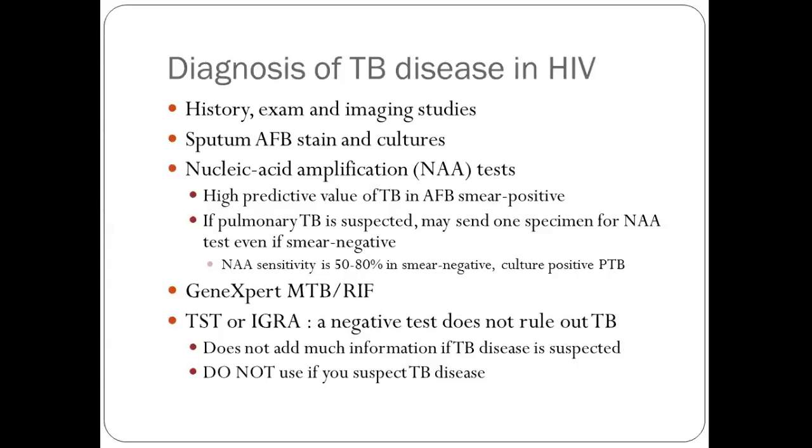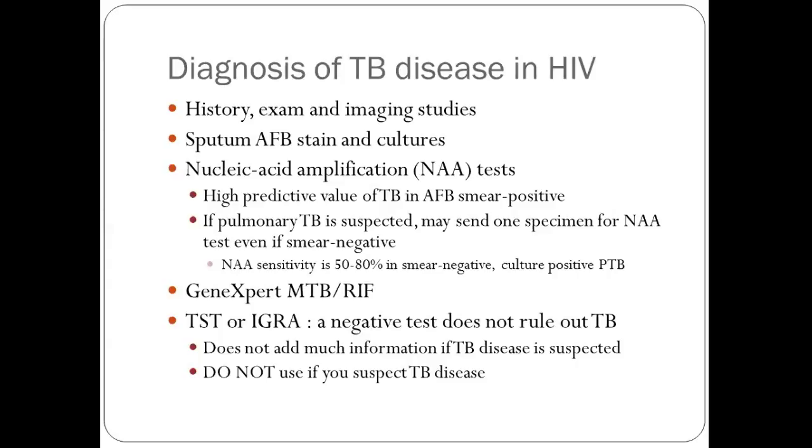And the negative predictive value of that negative result is very high. We're talking about 98, 99%, to the point that I can pretty much remove the patient from isolation.